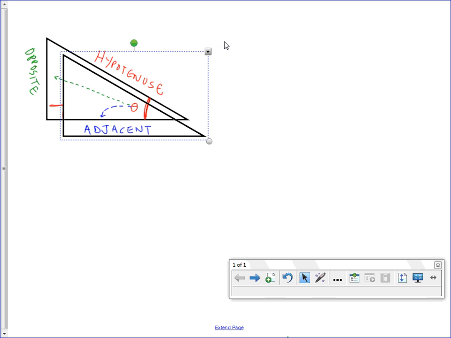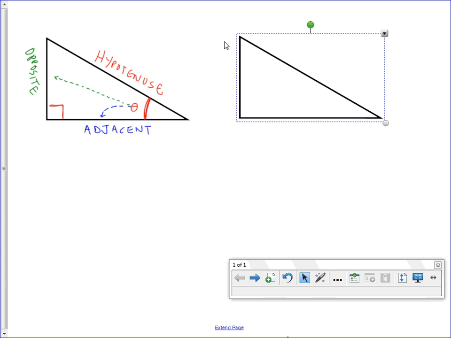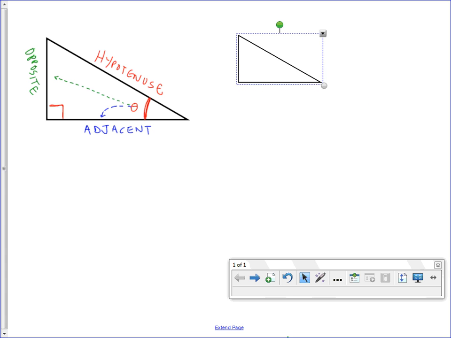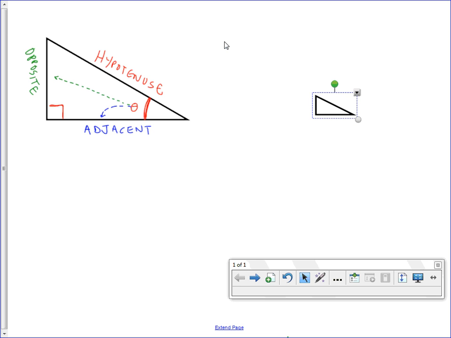What people noticed at some point was that if we had a triangle with the same angles in it, hopefully we can tell that this angle theta here and this angle theta here are the same angle.